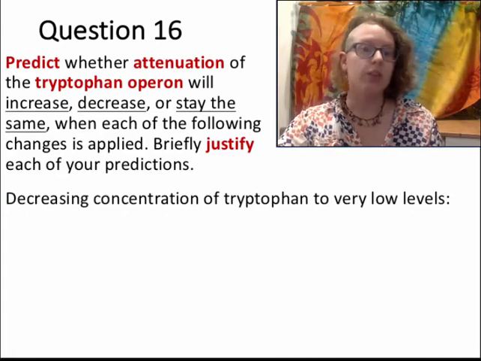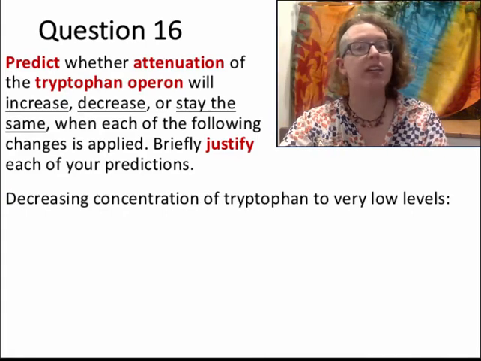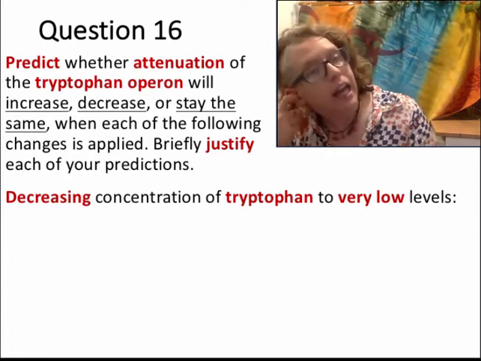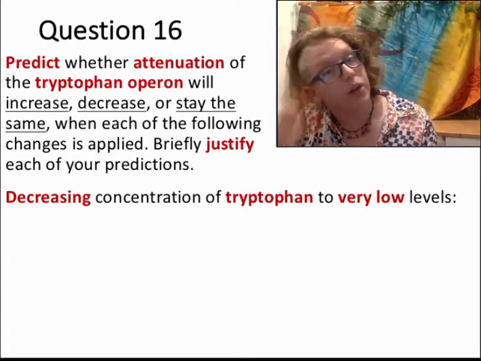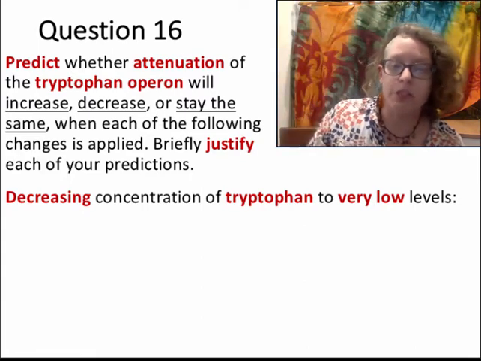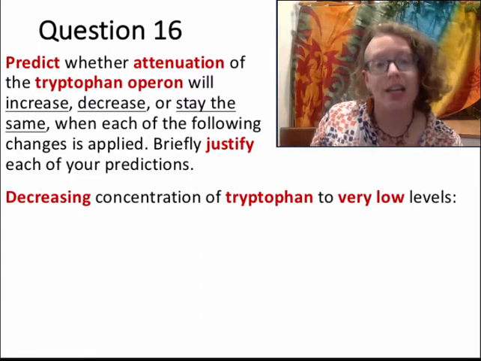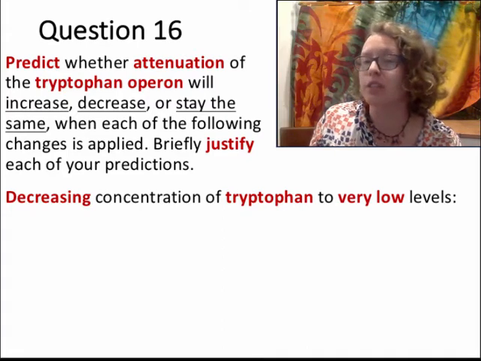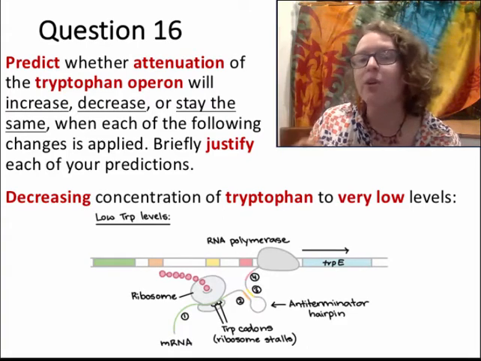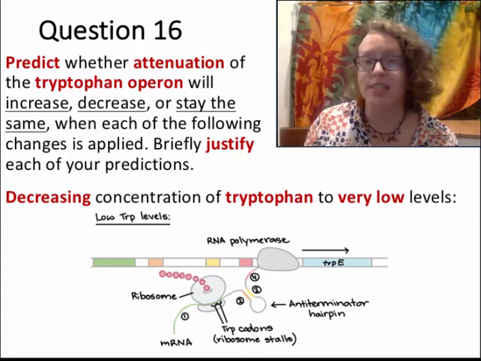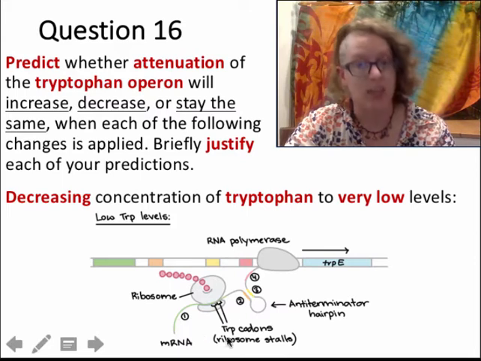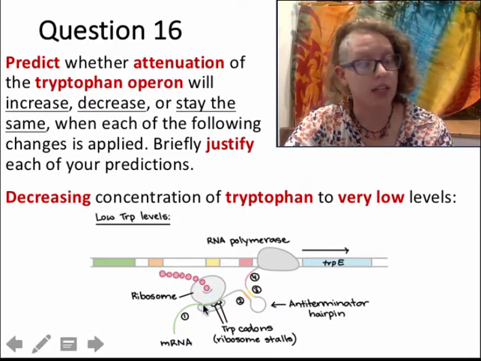Next one, decreased concentrations of tryptophan to very low levels. Okay, so we've got decreasing tryptophan, and you and I know that there's a different response to high levels of tryptophan, low levels of tryptophan, and very low levels of tryptophan. At very low levels of tryptophan, the ribosome is going to stutter at that spot.